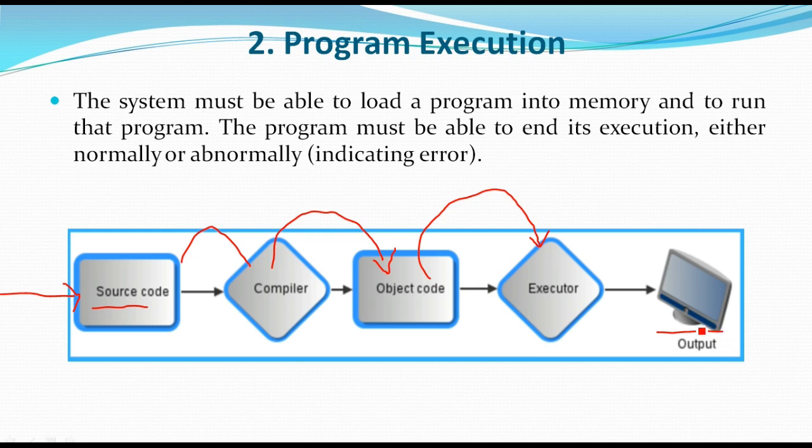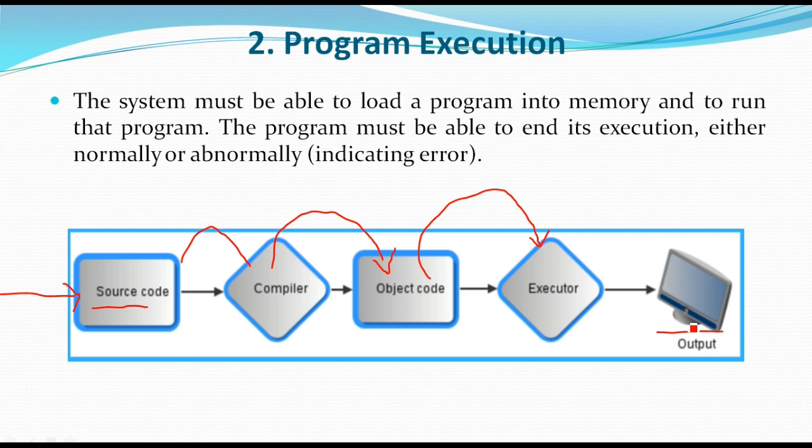If you take a CPP, Python or Java program, first we write the source code, and then we compile it, and all the source code is converted into object code, and thereafter that object code is executed, and we obtain the result.